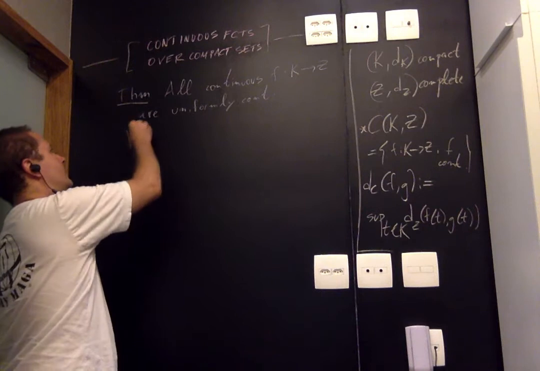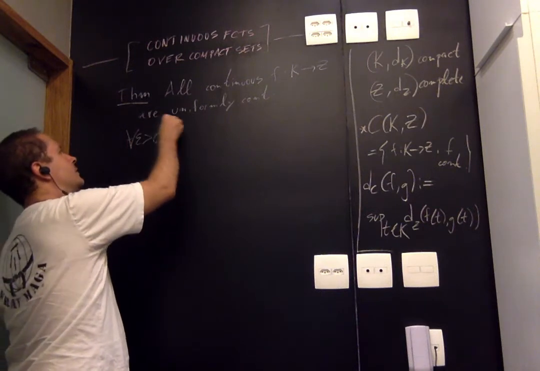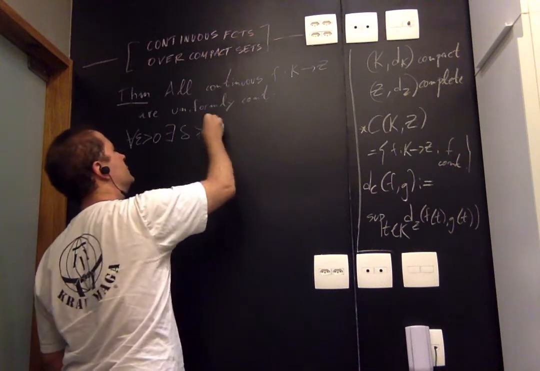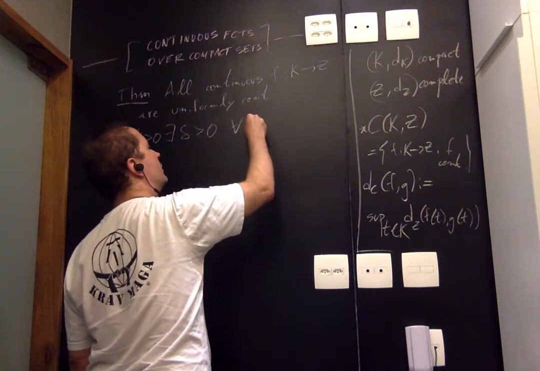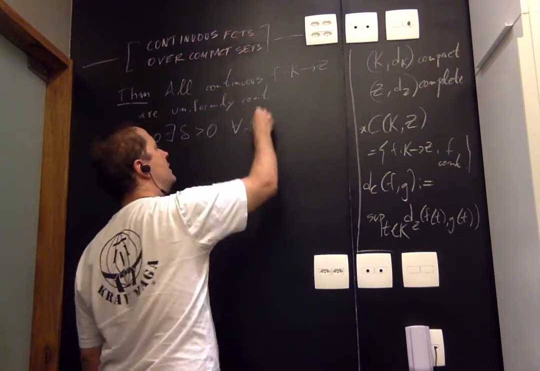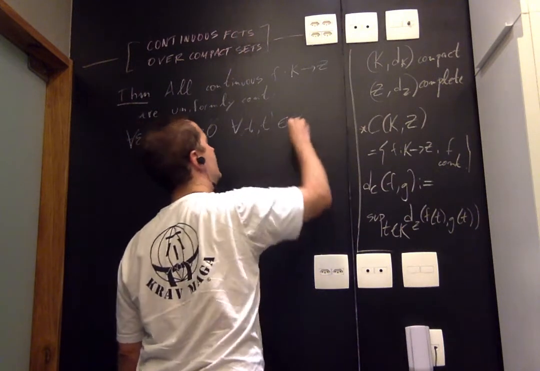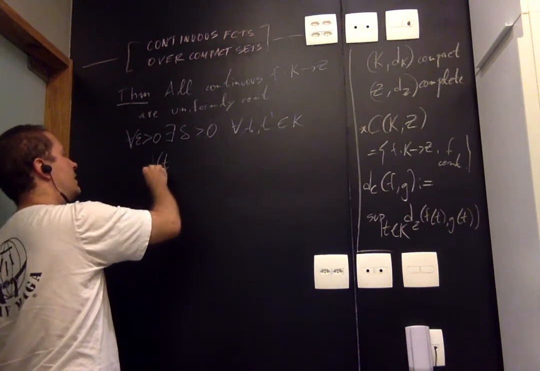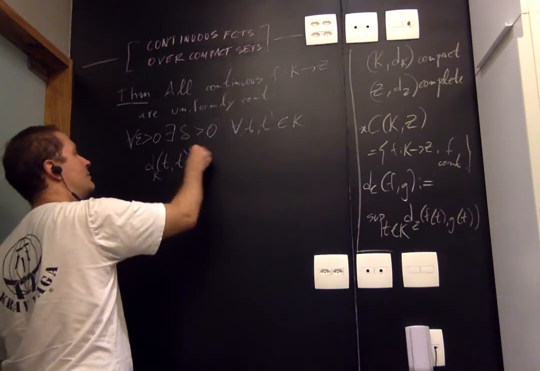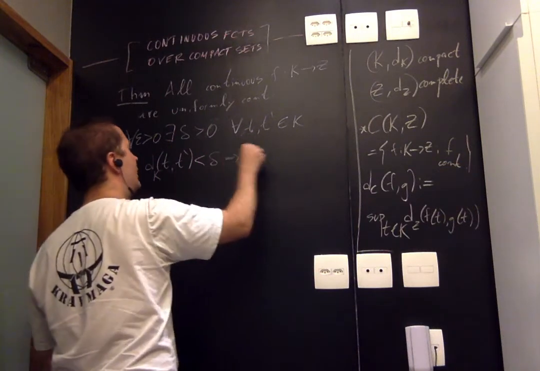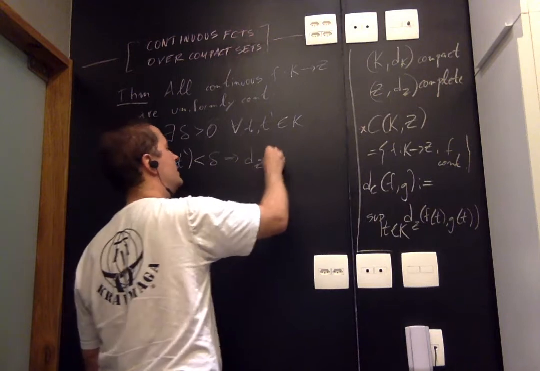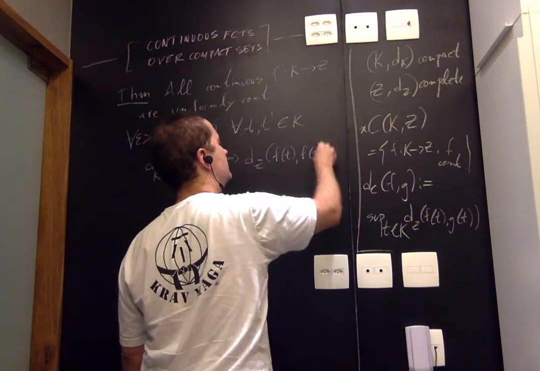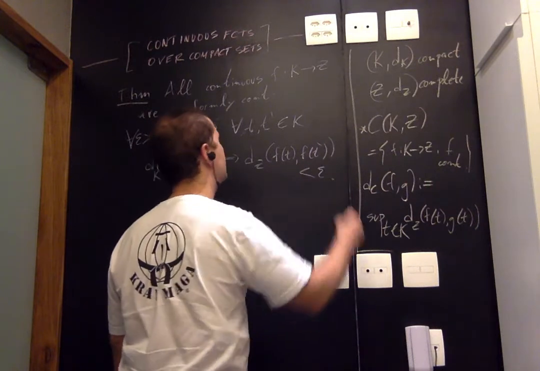It means that for all epsilon, there exists a delta positive such that for all t and t prime belonging to K, if the distance in K between t and t prime is less than delta, then the distance in Z of f(t) and f(t prime) is less than epsilon.